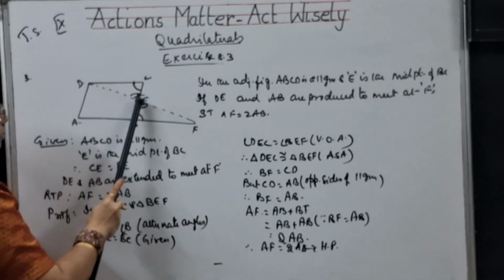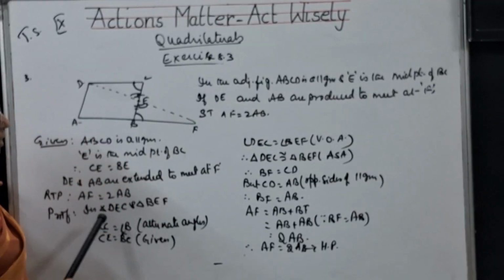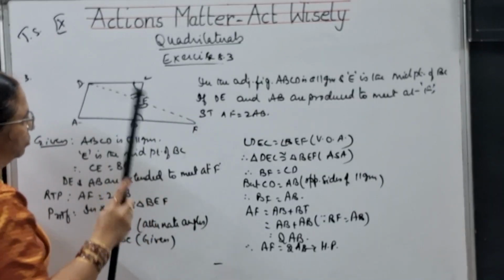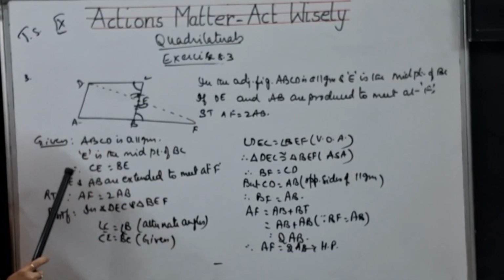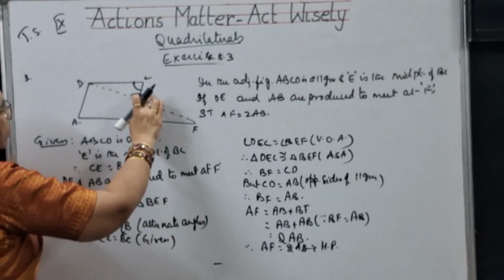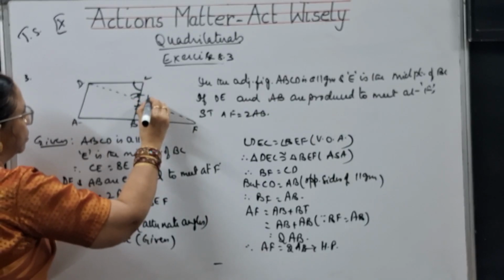So I have taken these two triangles: triangle DEC and triangle BEF. In these two triangles, CE is equal to BF. Already it is given to us.